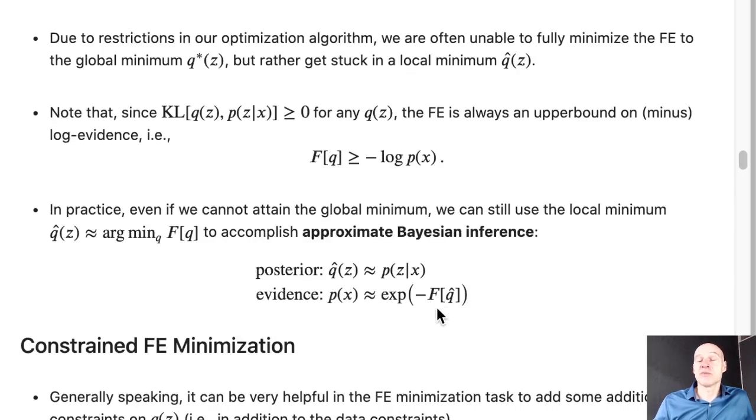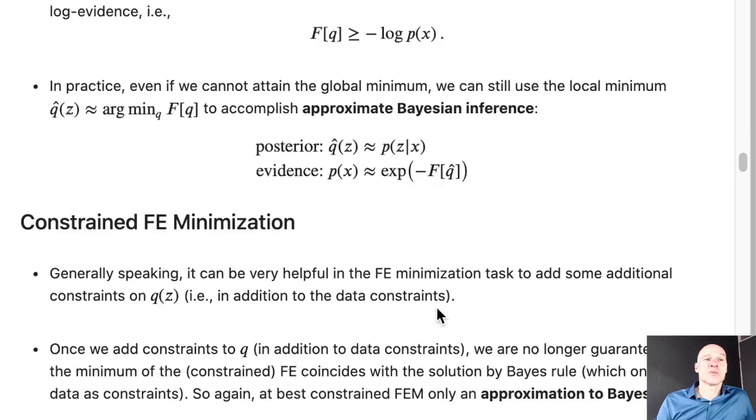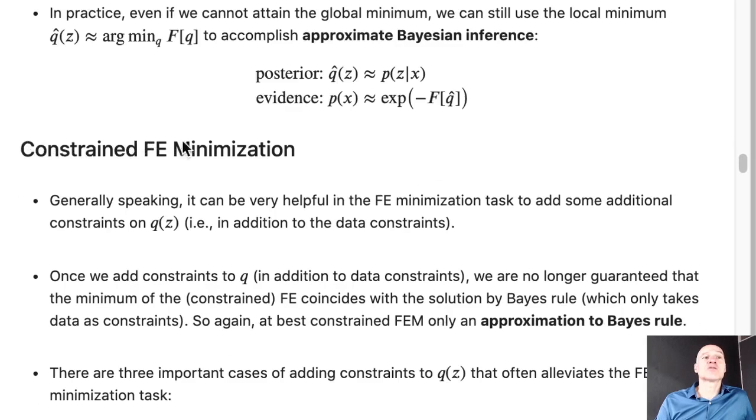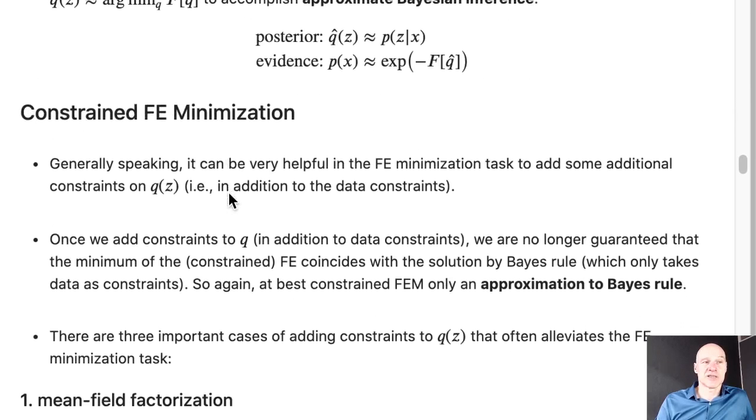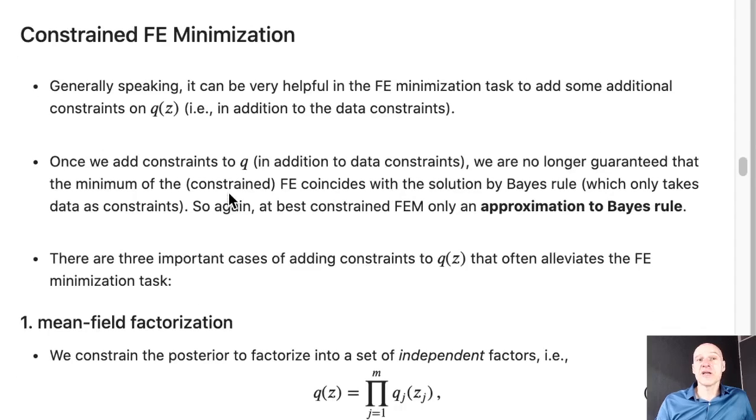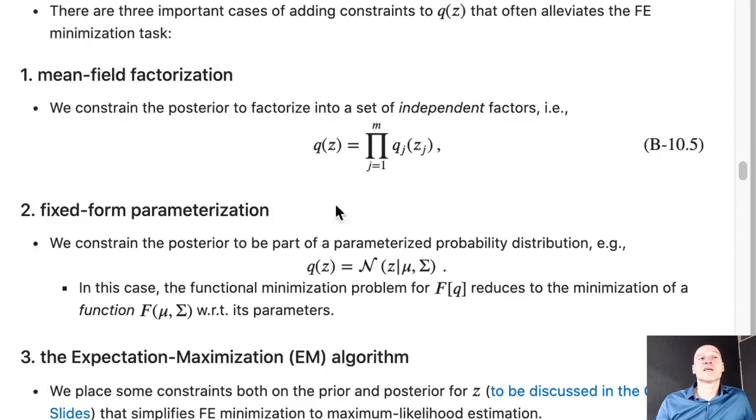Now, executing this minimization may be difficult, and that's when it's very handy to add additional constraints on Q. So then we talk about constrained free energy minimization, right? And there are three really important classes. One class is, we can say, well, aside from data constraints, I make observations, but my posterior over my hidden variables, I'm going to say that they're all independent from each other, right?